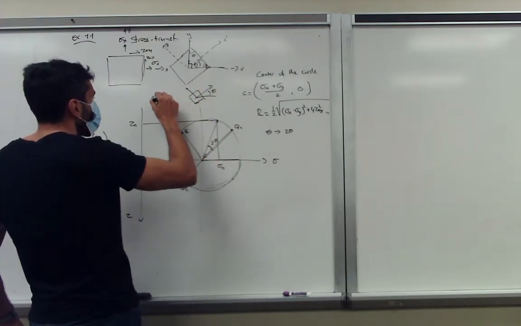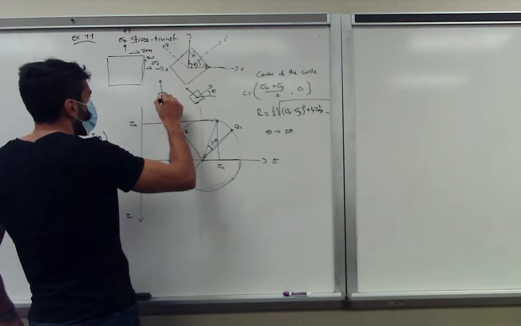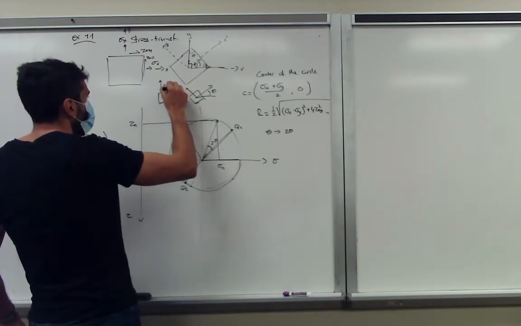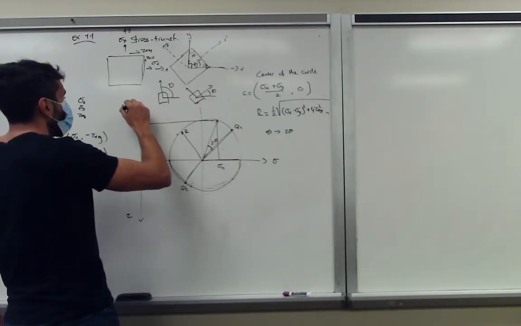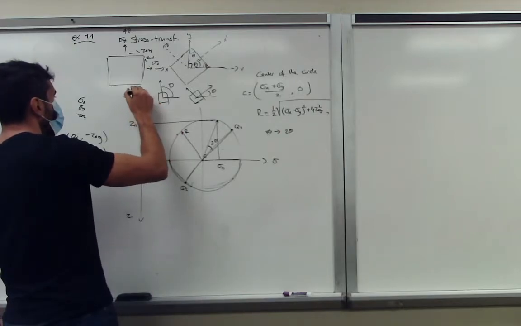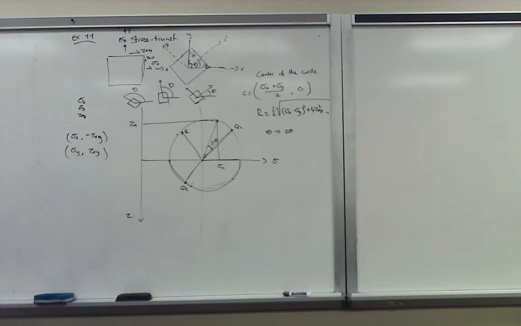And then we can rotate it even more, by another theta, and so on. It's a visual representation of our transformation matrix.